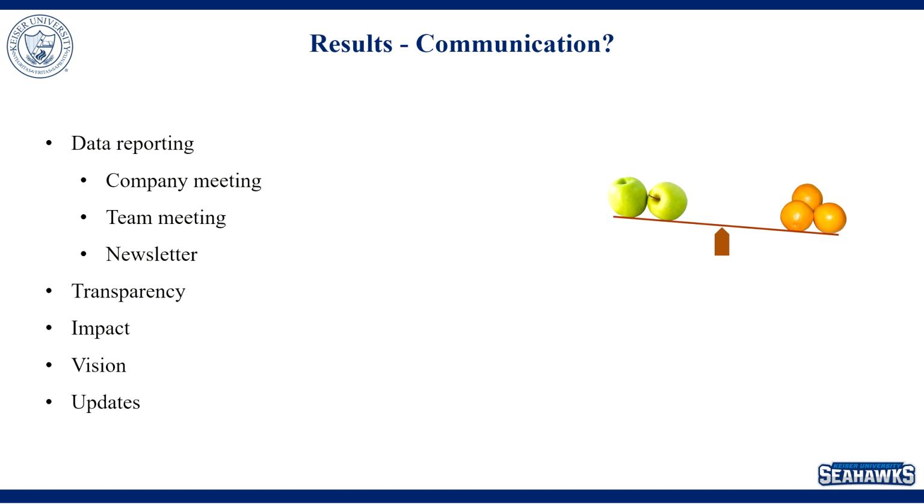Finally, the results of a survey: it's so important to communicate those results and communicate them effectively in a meaningful way. There are so many times that we've seen where data is collected from a survey and employees never know the results. To do this effectively, it can be done at a company meeting.